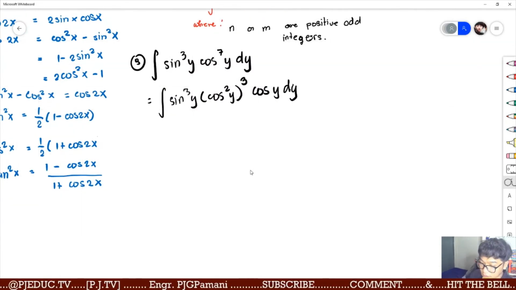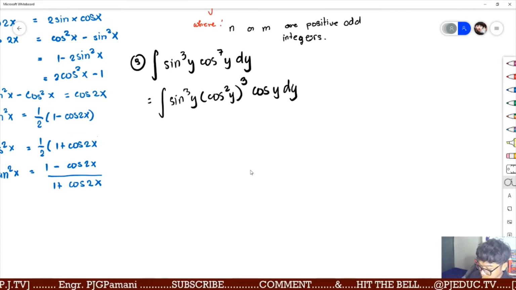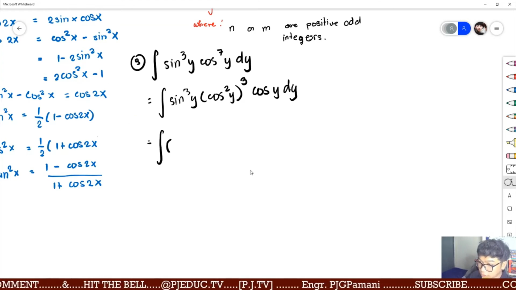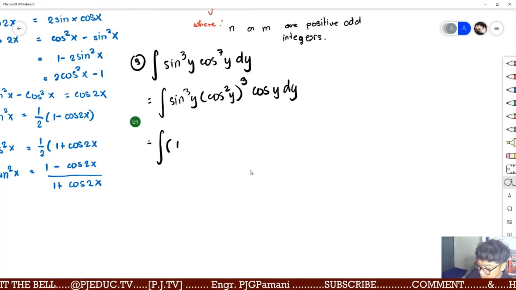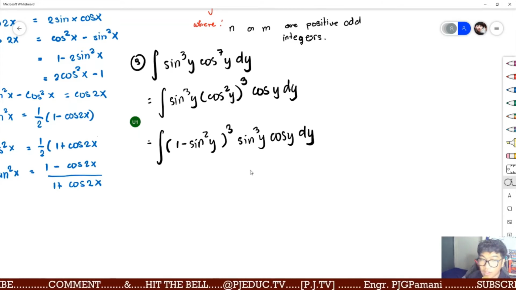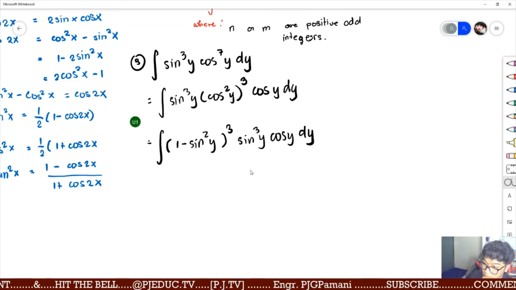Such that cosine squared can also be interpreted based from your trigonometric identities as 1 minus sine squared y, then cubed, times sine cube y cosine y dy. Diba? Pwede rin na ganyan.